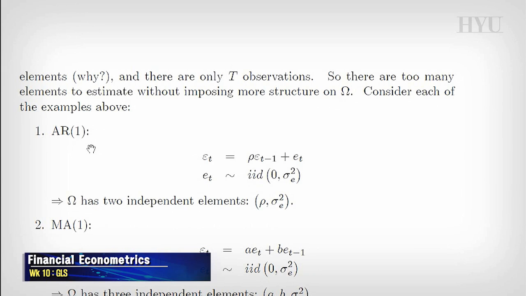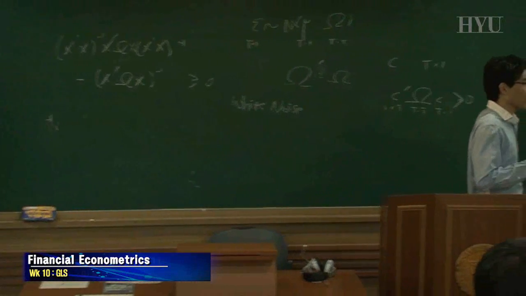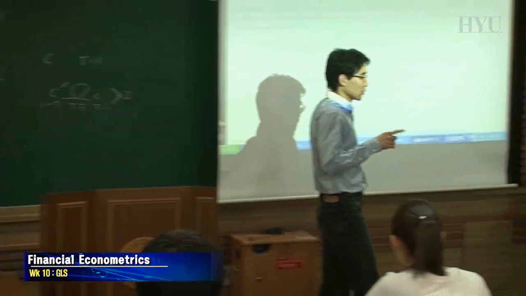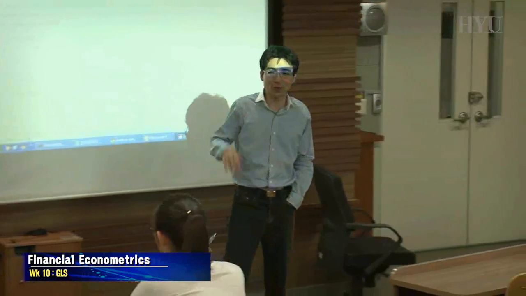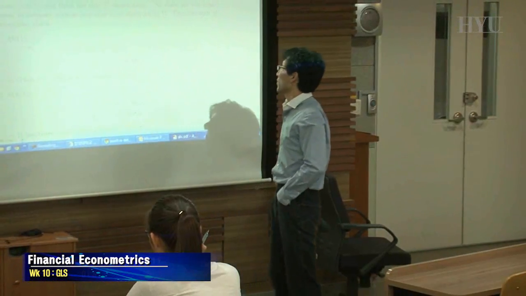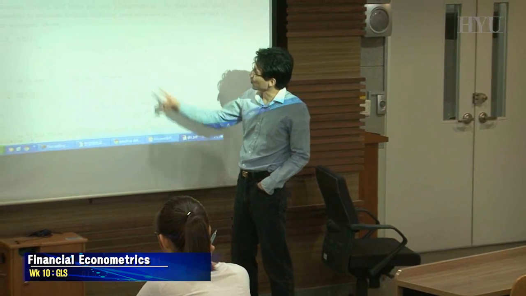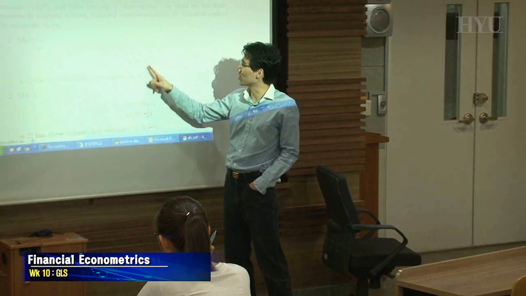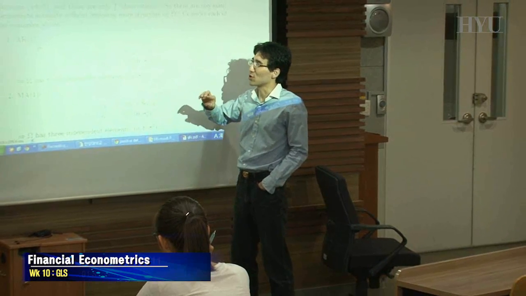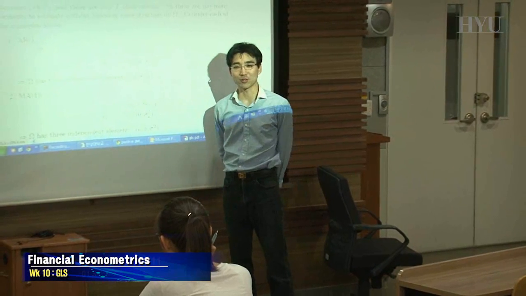So consider each of the examples below. In the AR1 process, even though omega has T(T+1)/2 parameters to estimate, since the error term has this iterative structure, if we know this and this, we can generate the whole omega matrix.